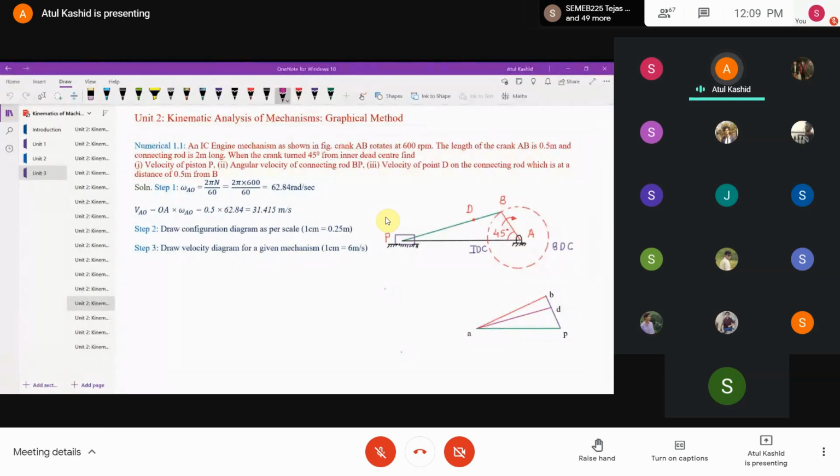Now I have confirmed that the screen is visible. Now we are going to solve the second numerical based on the graphical method for the velocity diagram, right? So in the previous numerical, just give me a minute, I will start the recording.